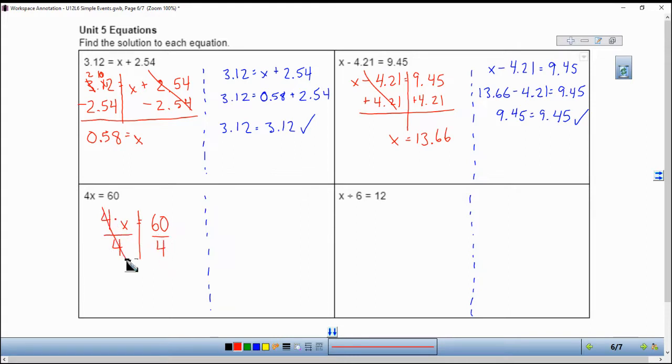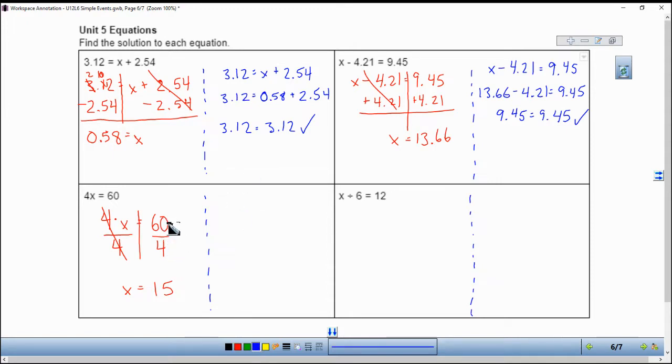These 4s will cancel out, and we get x equals 60 divided by 4. 4 goes into 40 10 times. You've got 20 more. 4 goes into 20 5 times. 10 plus 5 is 15. So we got 15, yes.